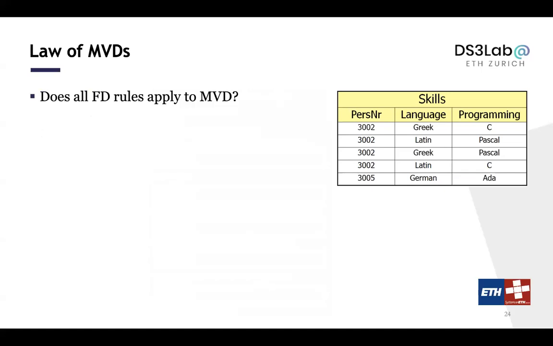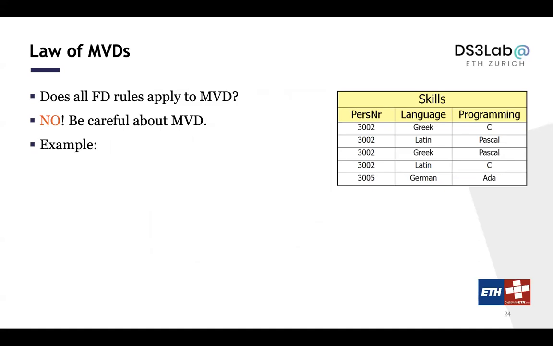So one question that we want to understand is, we talked about all those inference rules for functional dependency. Do all of them apply to MVD? It's actually not. And that is why when you try to reason about MVD, you really need to make a distinction between that and functional dependency. Not all the inference rules that sound so natural for functional dependency also apply for MVD.